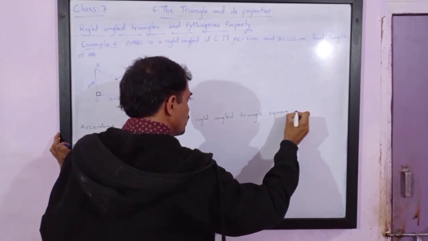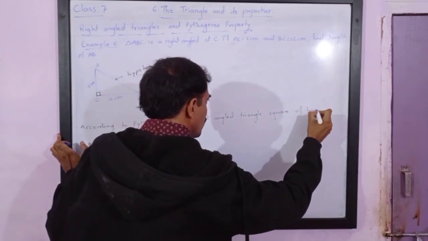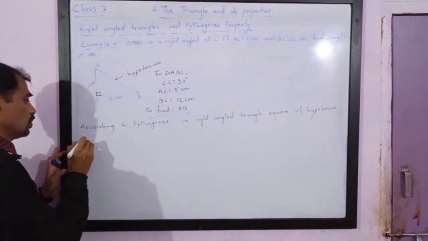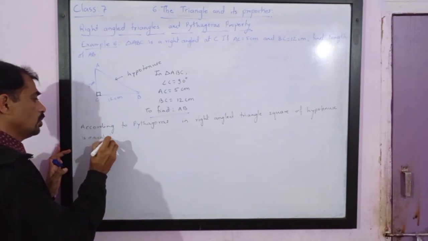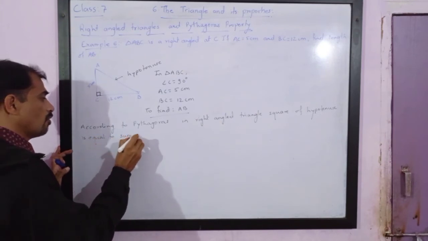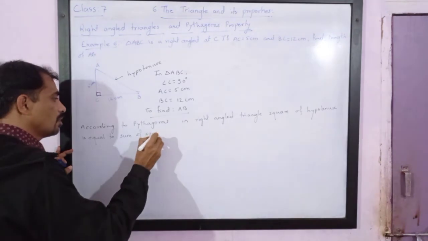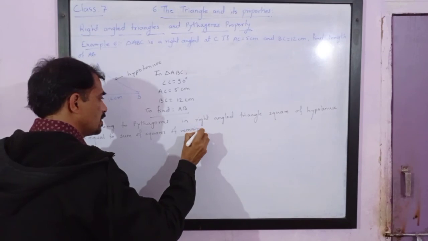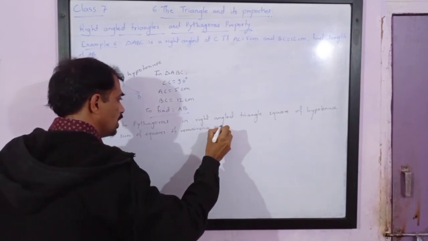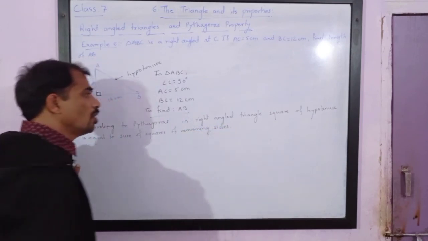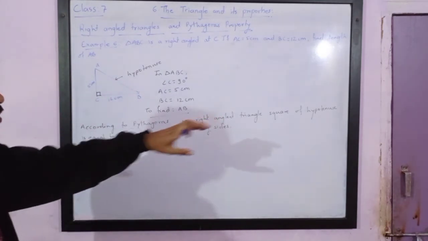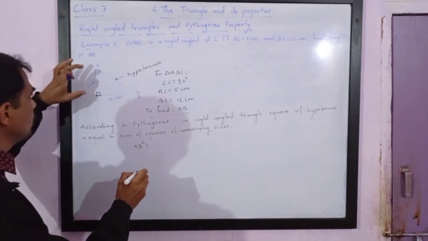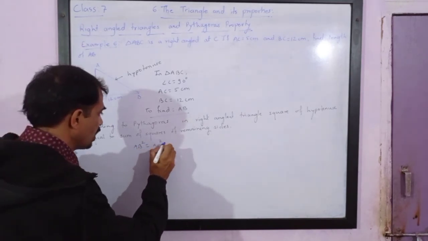So the hypotenuse is AB. This AB square will be equal to the remaining sides, AC square plus BC square.